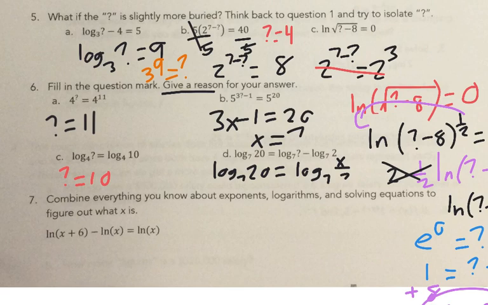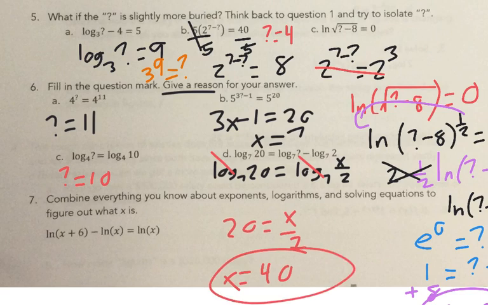Now I have a single log on both sides that has the same base. So what can I do? Set the arguments equal. 20 must equal x over 2, which means x must equal 40. You follow?